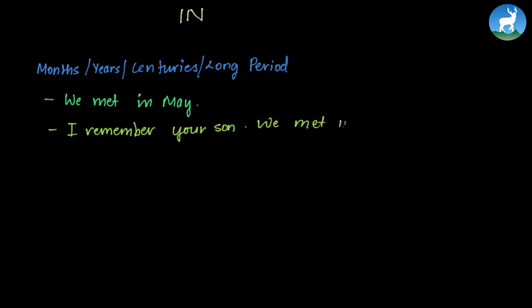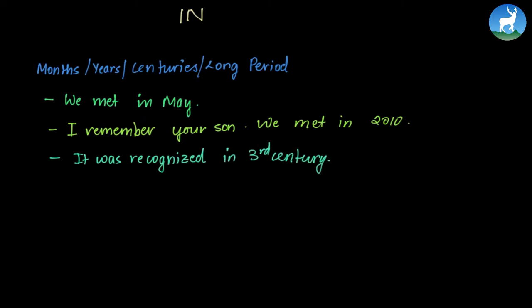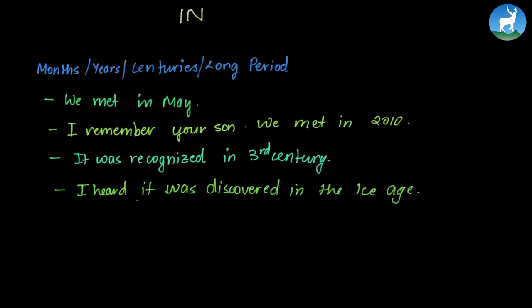We met in 2010. It was recognized in 3rd century. I heard it was discovered in the Ice Age. So notice that we've used month with in, we've used a specific year with in, we've used century with in, and we've also described a very long period of time with in.